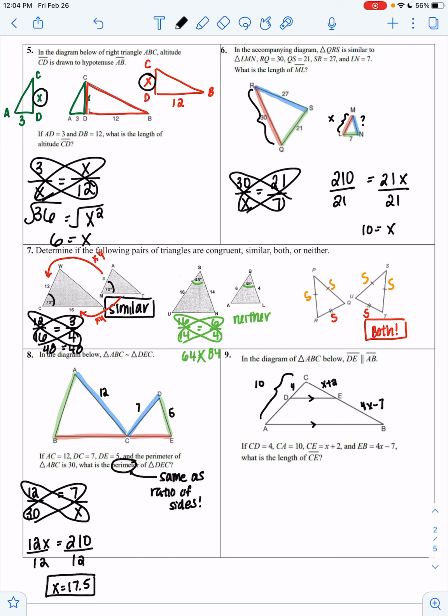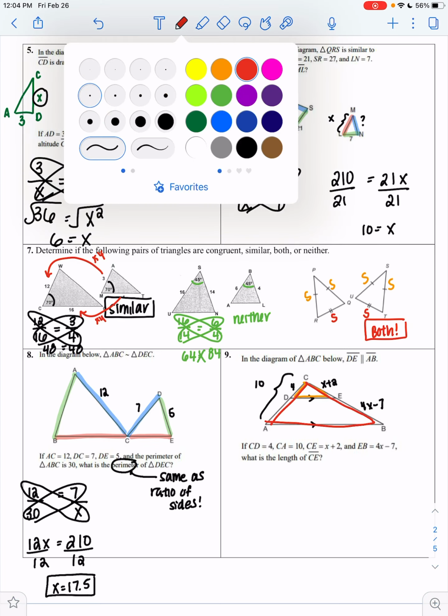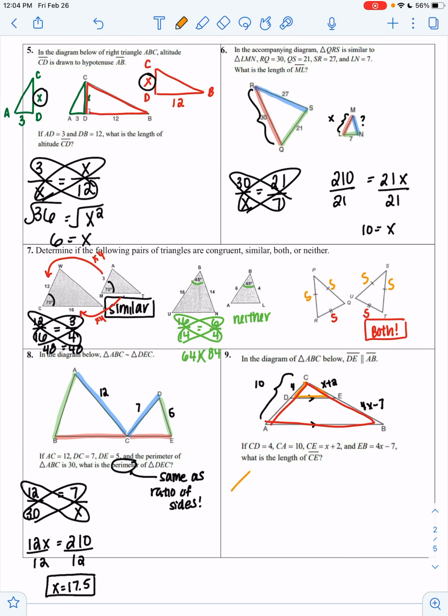So we do have two similar triangles here. We have this small triangle on top, and then we also have our larger triangle on the bottom. If it helps, let's redraw those two triangles. So triangle CDE, and we know they're similar because the lines are parallel, which means that they have corresponding angles that are congruent. Okay, so CD was 4. We don't know DE, but we know CE was x plus 2.